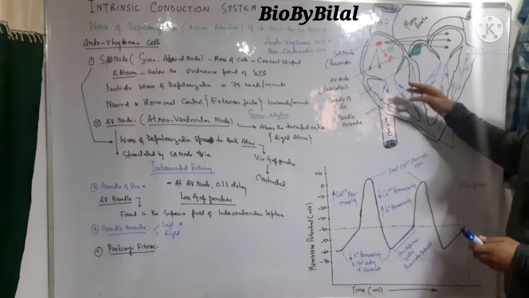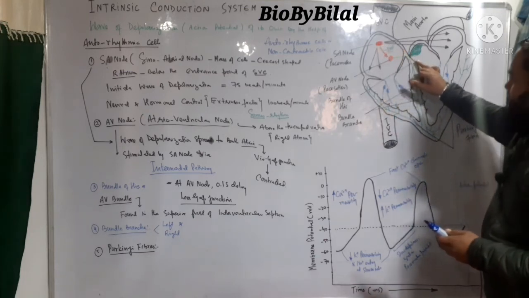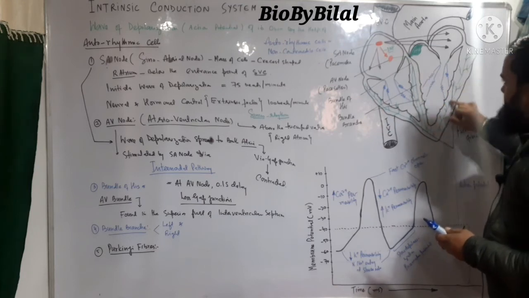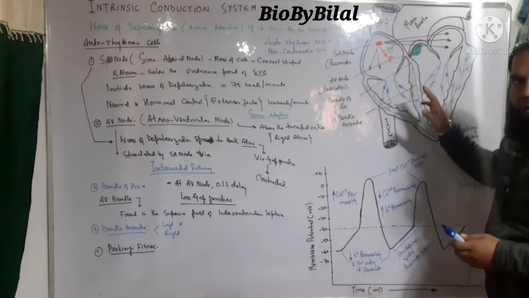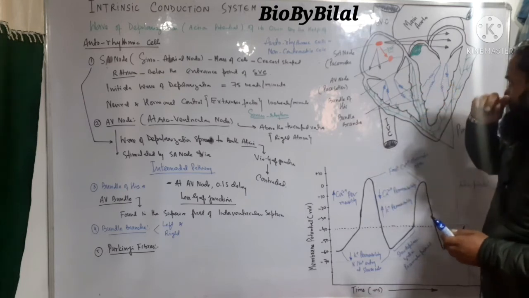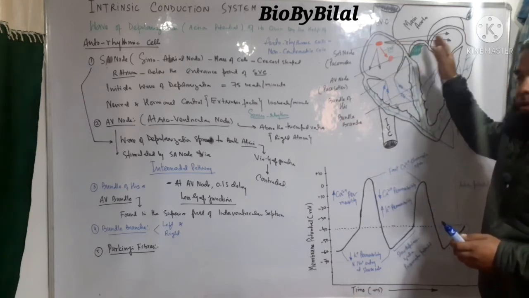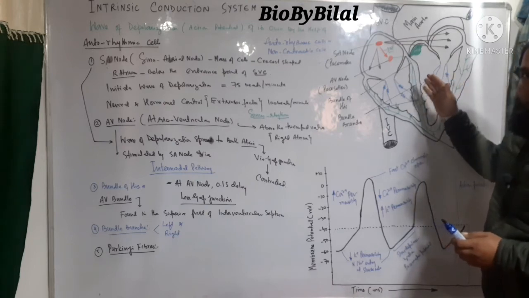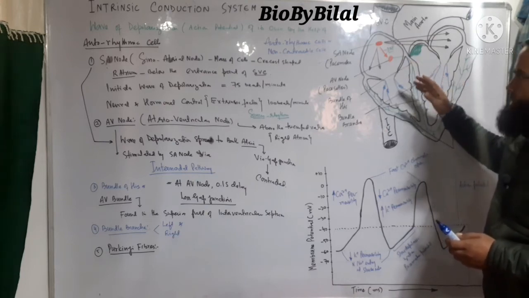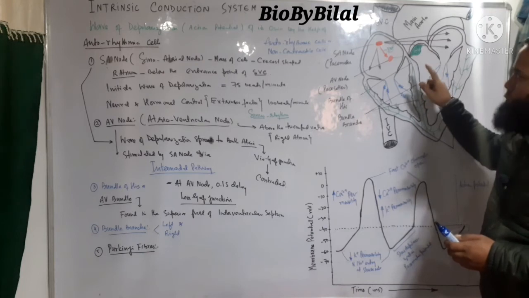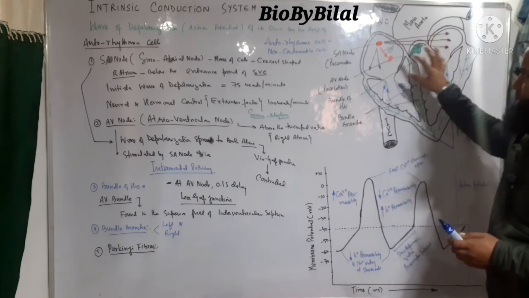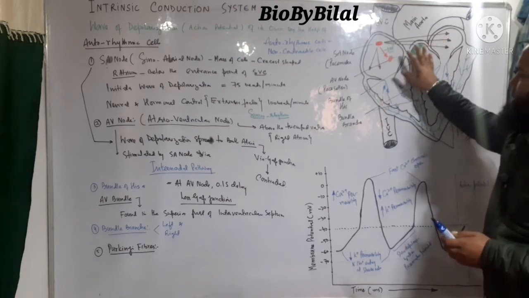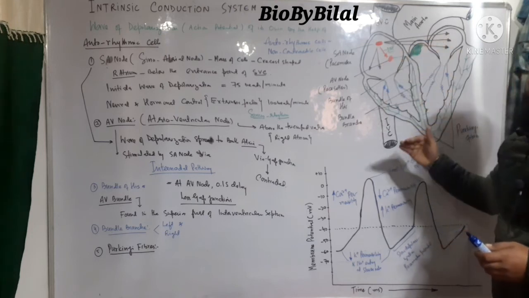You must know that this is the pathway through which the atria and the ventricles contract, because there is no connection between the atria and the ventricles, as they lack gap junctions. This is the only way through which the conduction, or the spread of information, takes place from the atria towards the ventricles.